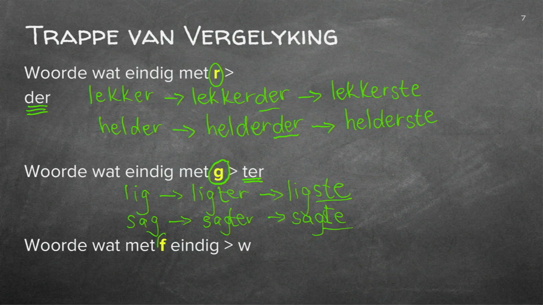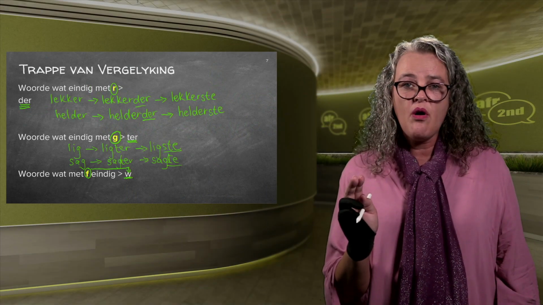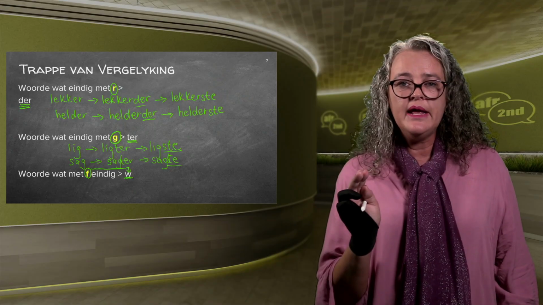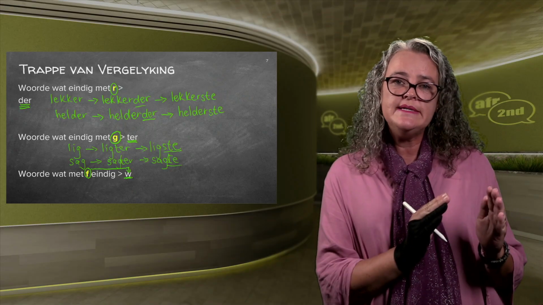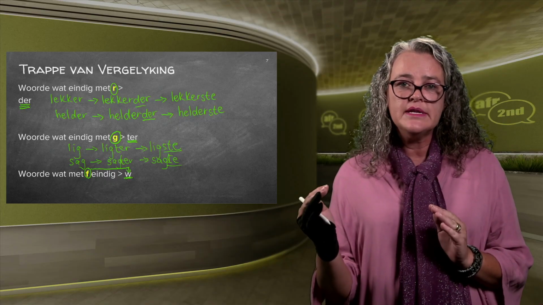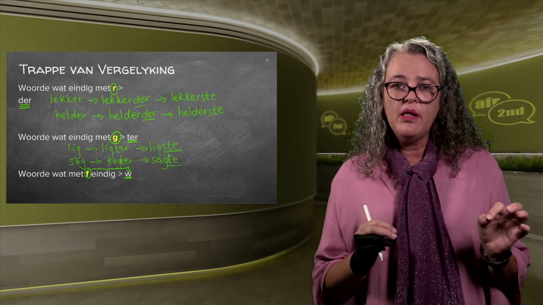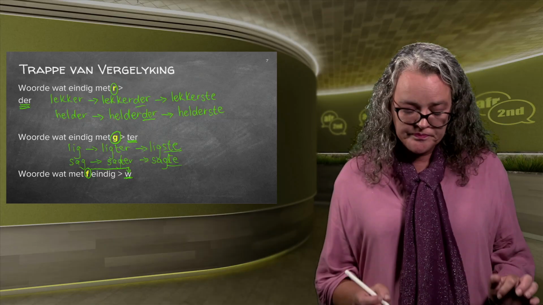When we have a word that ends on an F, the F falls away and becomes a W. So I'm going to show you two examples to also explain the difference between short sounds and long sounds like we learned in spelreëls en spelpatrone.